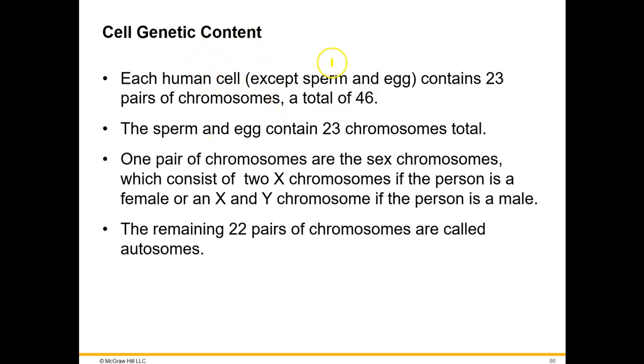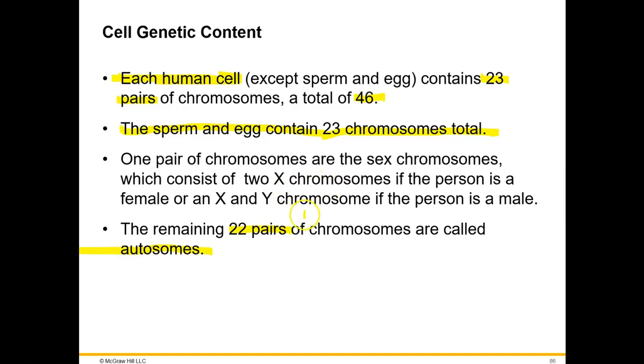Now, each human cell contains 23 pairs of chromosomes. In other words, a total of 46, or 23 pairs, in every human cell except for sperm and egg. Sperm and egg are called sex cells, and they're only going to contain 23 total chromosomes. Now, 22 of our chromosome pairs are autosomes, and the last pair, the 23rd pair, are the sex chromosomes.